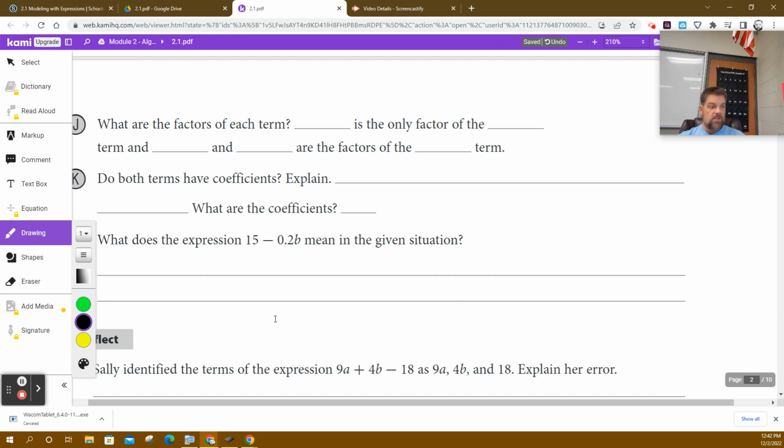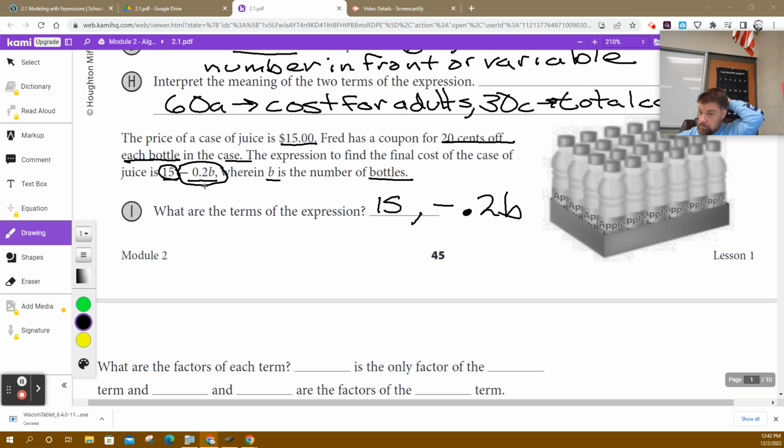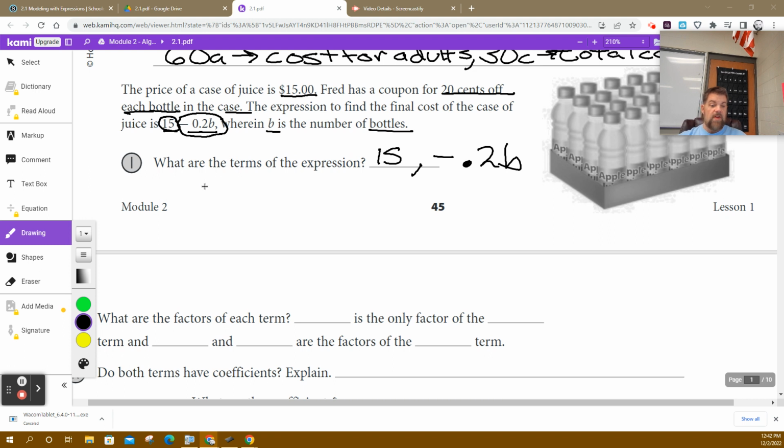What are the factors of each term? Well, 15 has a factor of 15, and it's the only factor of the first term, right? That's the first term in our expression.